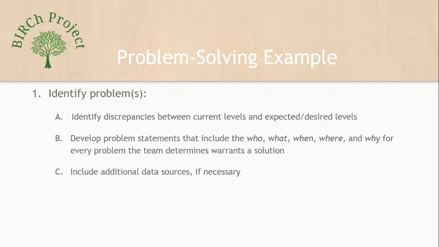As part of this problem identification stage, we're also prioritizing problems. So when we develop problem statements, we'll start with what we believe to be the most significant problem, that which needs the most imminent or immediate attention. In these problem statements, we'll also be able to include additional sources of information if necessary to help us identify the problem and come up with a problem statement.